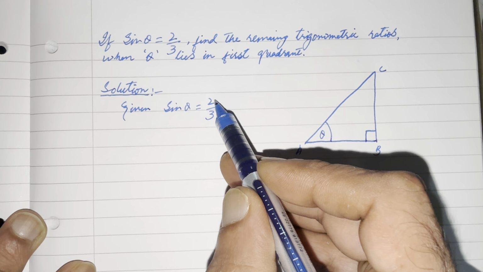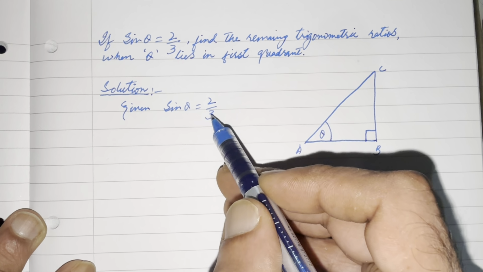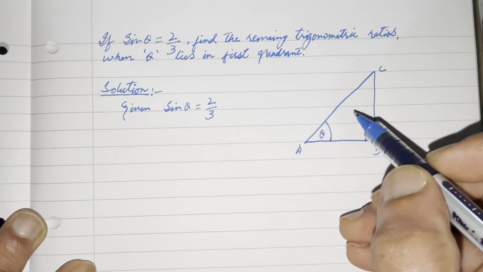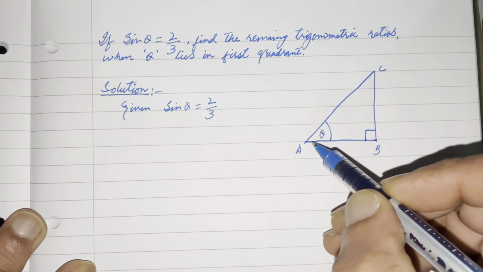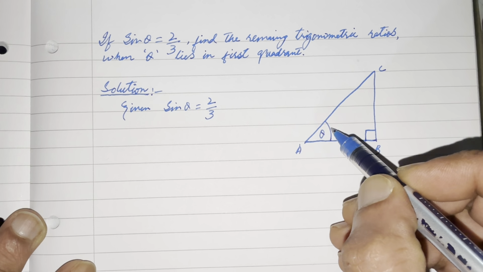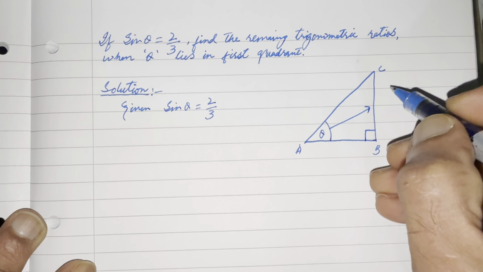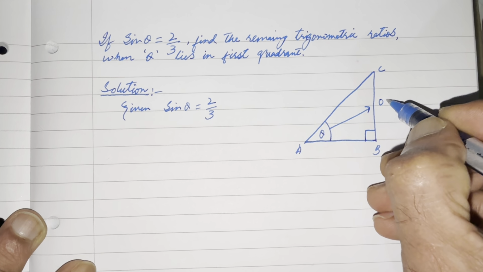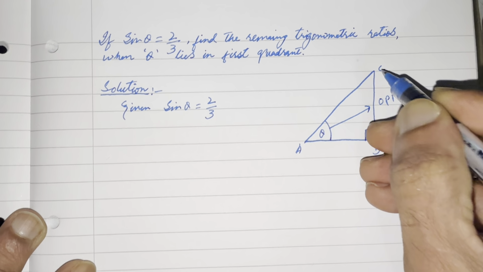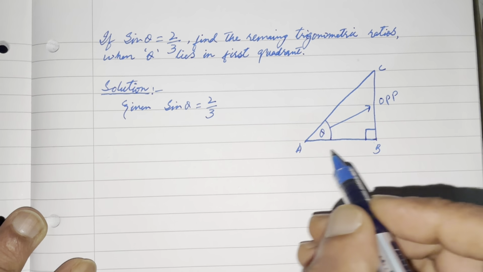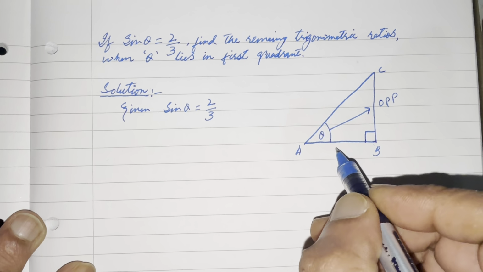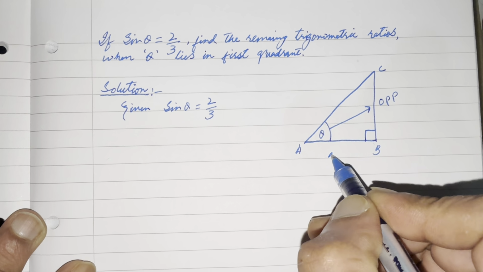So 2 is showing the opposite side and 3 is the hypotenuse. The angle theta is at point A, so the opposite side will be this side, BC, and AB will be the adjacent side.